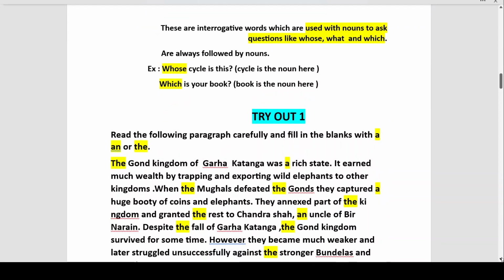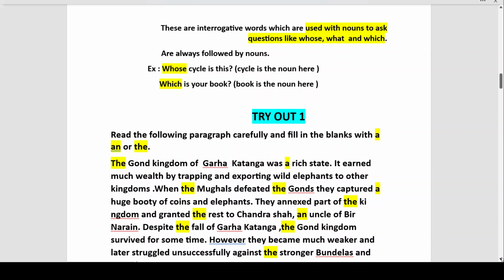For example, whose cycle is this? Now, I'm asking you a question. See, whose cycle is this? It is ending with a question mark. This question mark itself indicates that this sentence is an interrogative sentence. Now, as I told you, interrogative words are those words which are always used before the noun.